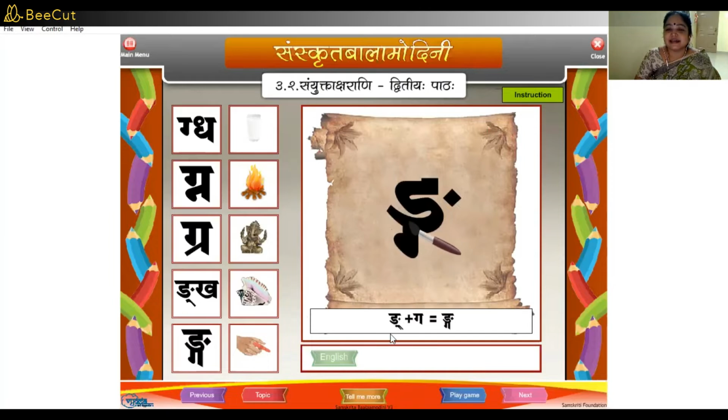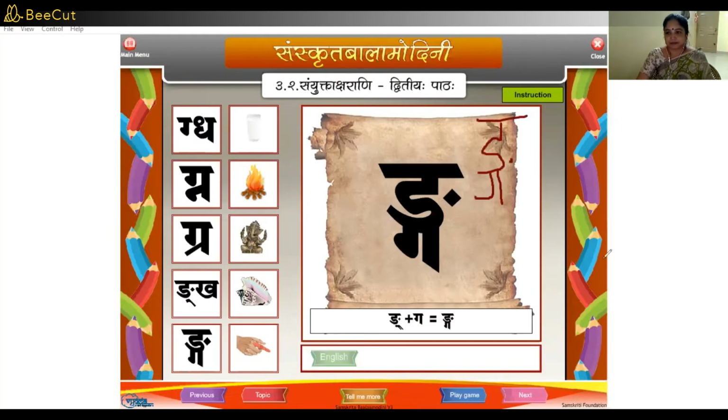Next is ng plus ga. We learnt Ganga. Ganga. So, when one letter is written on top and another letter below that letter, then the top letter is pronounced half. Ganga. Nga. Ng plus ga. Nga. First write ing and then below that ga. Nga. Ganga. Ma'am, this word is pronounced like Ganga, ma'am. No. I'm telling an example, Ganga.